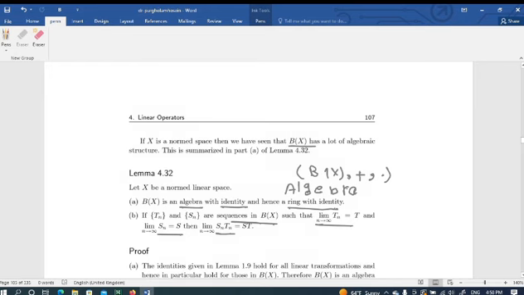Now, because B(X) is such a set, we can define two operations: the addition of two operators like S and T, and the composition of two operators as the product of two operators. So we have, for example, S plus T, and ST, and TS. So B(X) is an algebra.